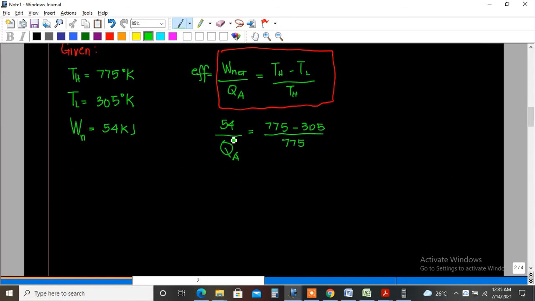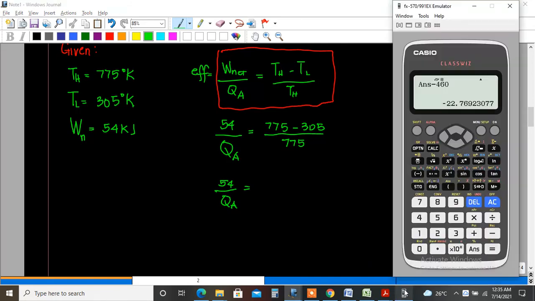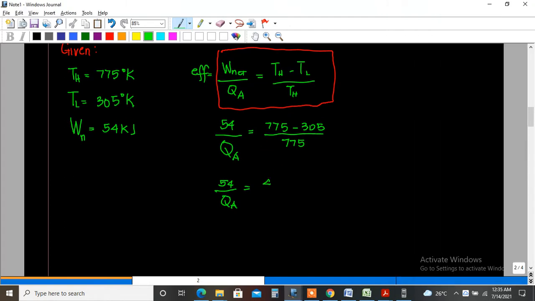So let's manipulate the equation. 54 over QA is equal to 775 minus 305 over 775. 775 minus 305, that is 470. 470 over 775.